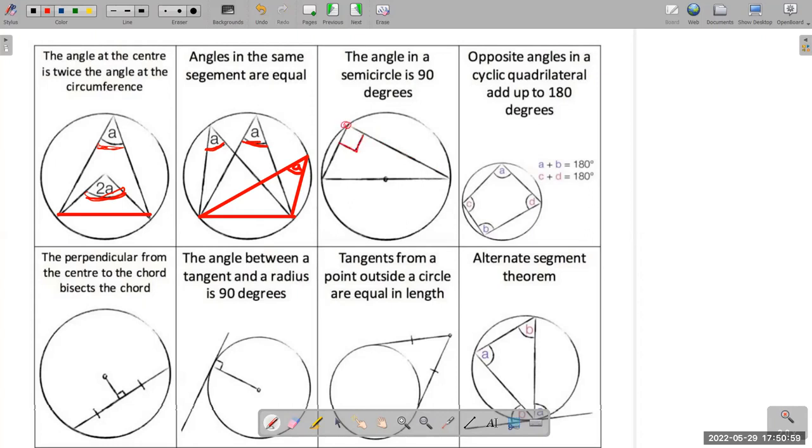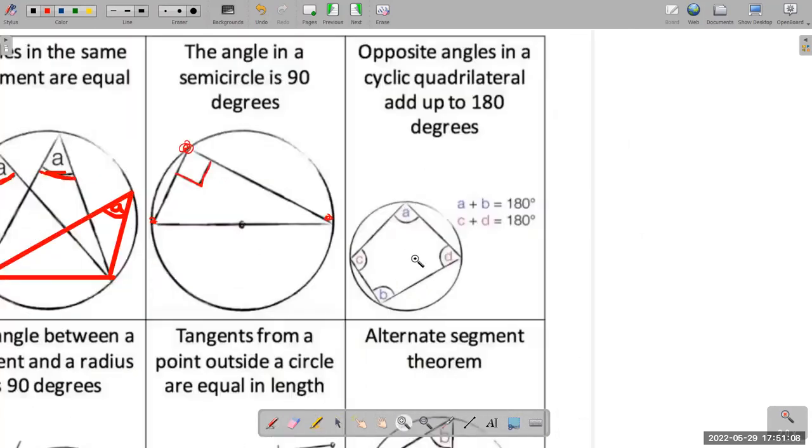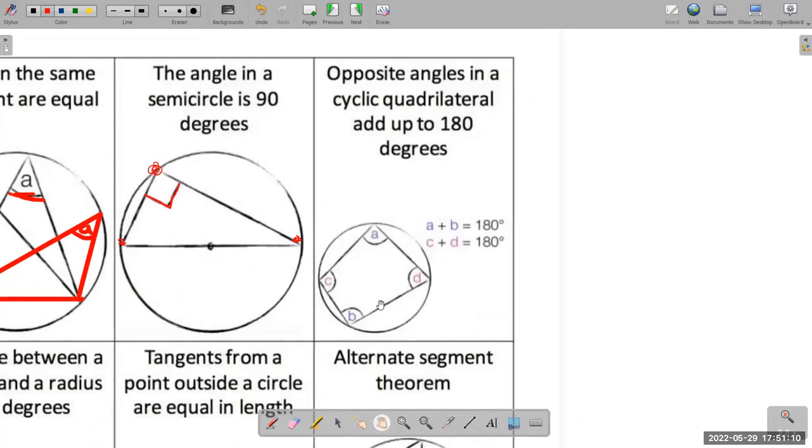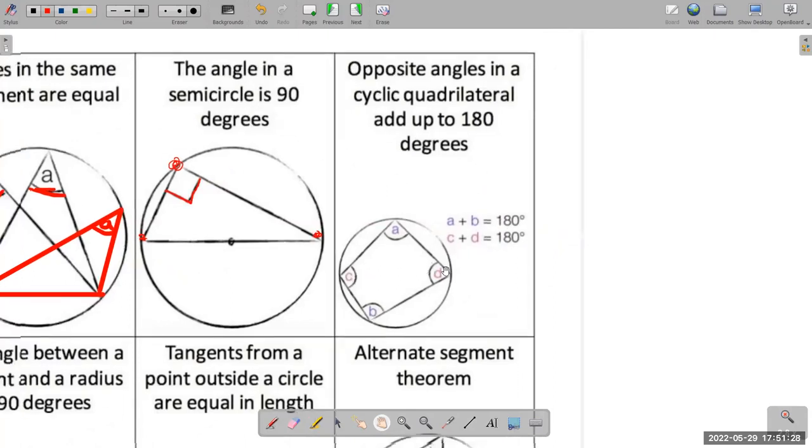Once you're touching the circumference and it is built from the diameter, the angle at the circumference is 90 degrees. Then we have something called a cyclic quadrilateral. That's when the vertices, or the points of the quadrilateral, are touching the circumference. So all four touch the circumference. What is this law? Opposite angles are supplementary. So if I add A and B, this will give me 180. If I add C and D, this is going to add up to 180 degrees.